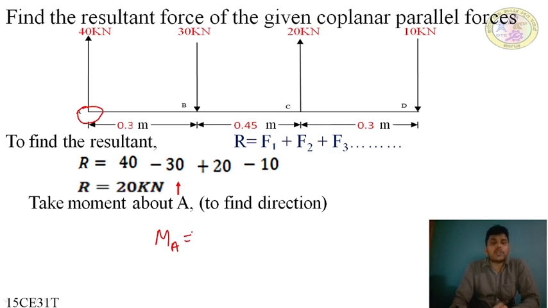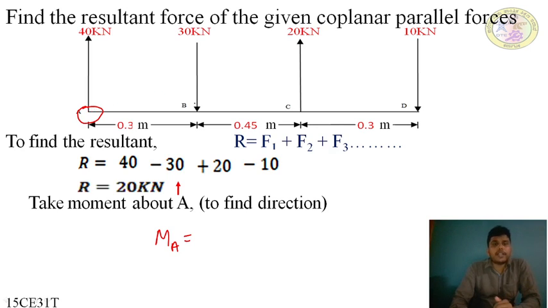If we consider the forces one by one, this force is moving in the upward direction, but it has no perpendicular distance. The distance from the point of rotation to the force is 0. That's why this can be neglected, because it is passing through the point A only. Perpendicular distance is 0, so no need to take the first force.